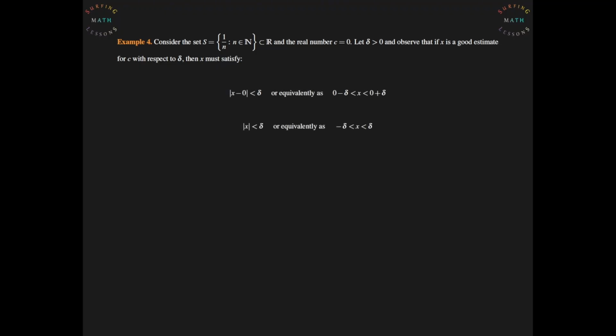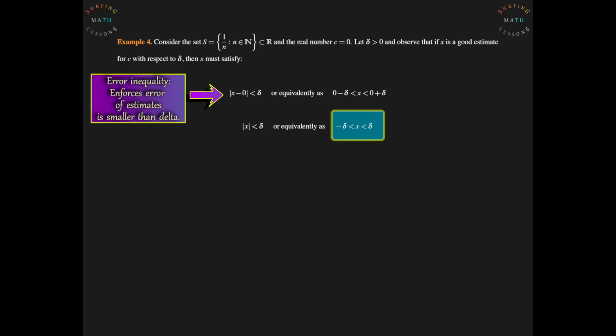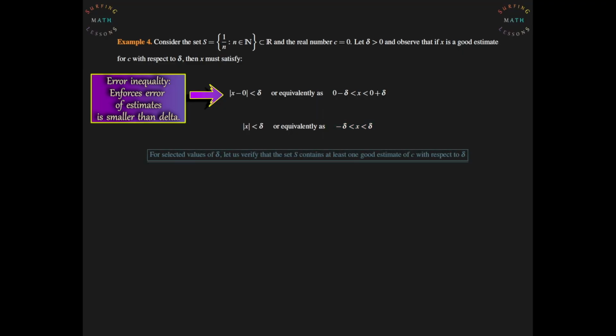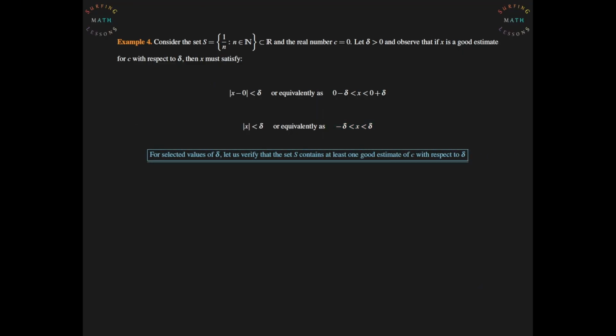An easy verification yields that the good estimates of 0 with respect to a choice of delta are those numbers strictly between minus delta and delta. Let us first verify that the set S contains at least one estimate of 0 with respect to some predetermined values of delta.